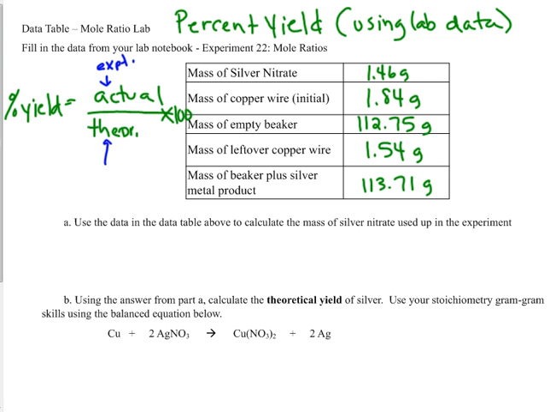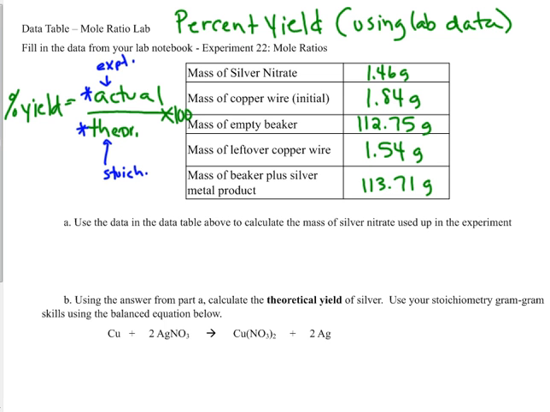The theoretical yield is how much could have been made using the stoichiometry. So we have to approach this from two separate problems before we get to the percent yield equation. We have to figure out theoretically how much silver should have been produced. That will go here. And then from our data table, we have to figure out how much silver actually was produced. And then from there, it's simple to figure out the percent yield.